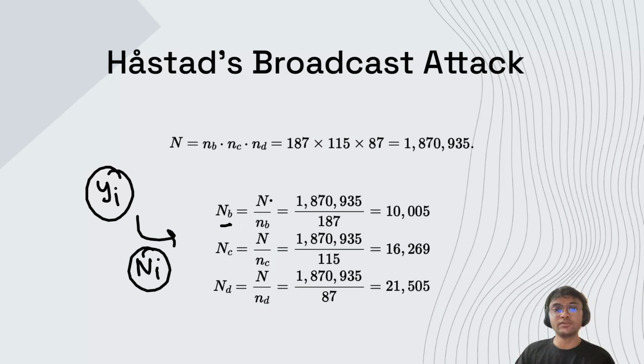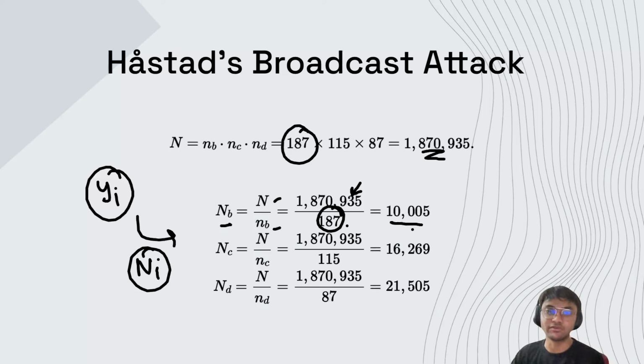For NB, it is N over NB, which was this large number that we just calculated over NB, and we get the number 10,005. Similarly, we calculate this for NC, this number over NC itself, and we get the NC component of our equation. Similarly, for ND, we get a different number.